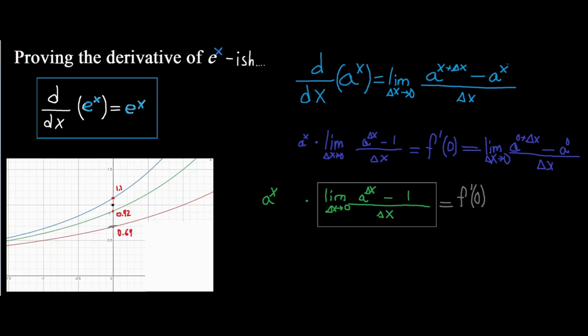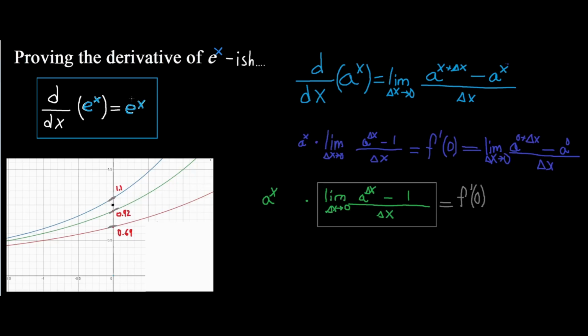When a is 2.5, the derivative at 0 is 0.92. When a is equal to 3, the derivative f prime of 0 is 1.1. So if we have 0.92 and 1.1, somewhere in between we need some value of a where f prime of 0 is 1.